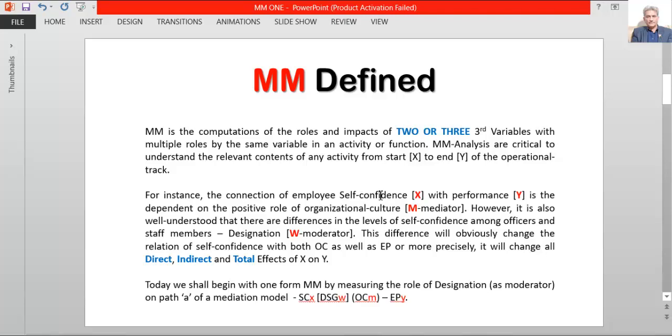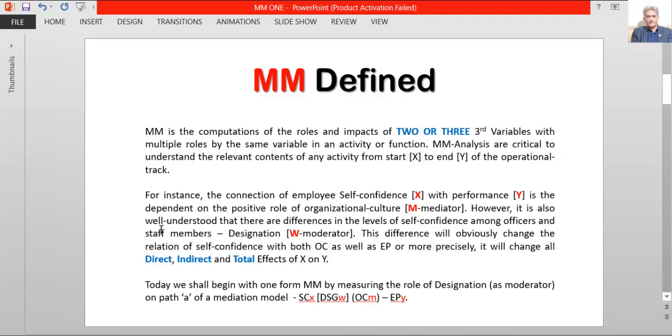For example, people with high self-confidence take risks, they suggest creative and new ways of doing things, but if these things are not appreciated by the organizational culture, then the relationship of X with the performance will be different, it will be weak or poor.